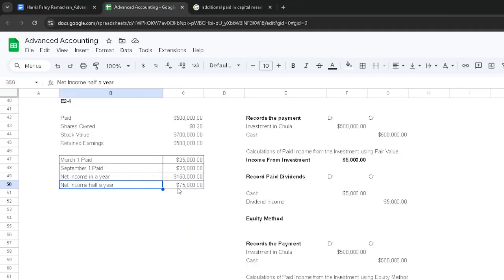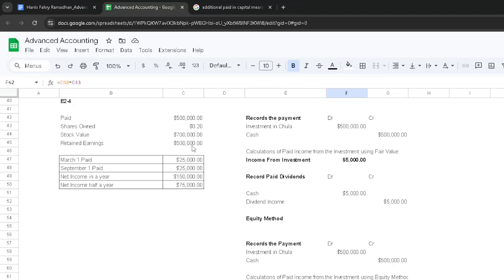That's why I calculated this in the first place, because I want to use this number to calculate the income. To calculate this, simply multiply this by the shares owned. It's the same as the fair value method, because we only own 20% of the shares, right?